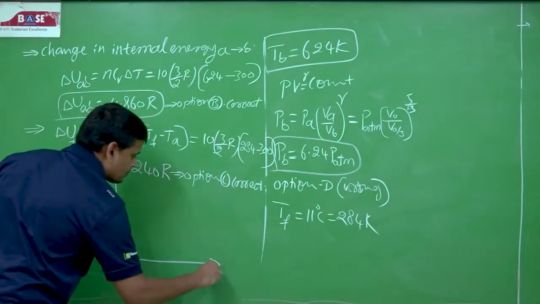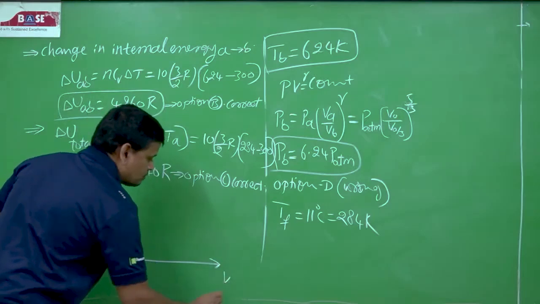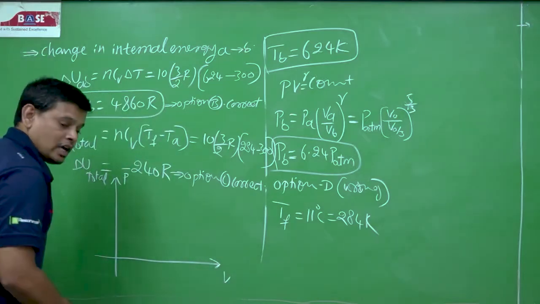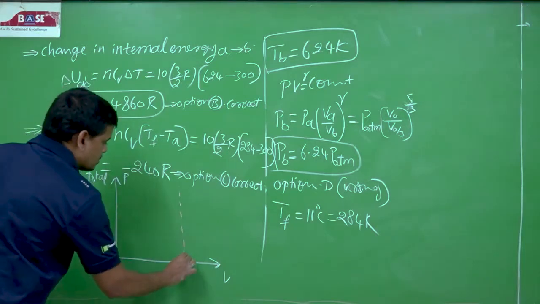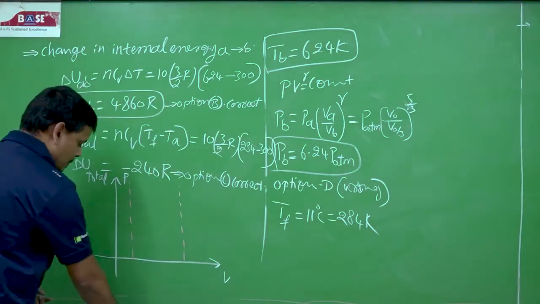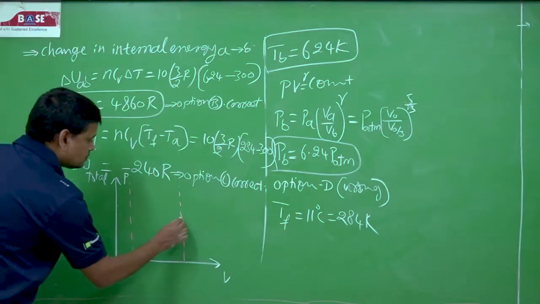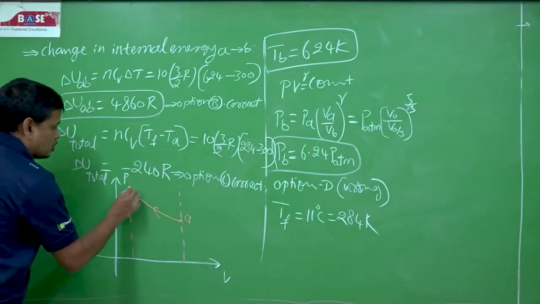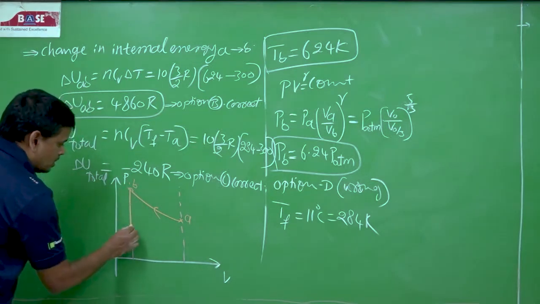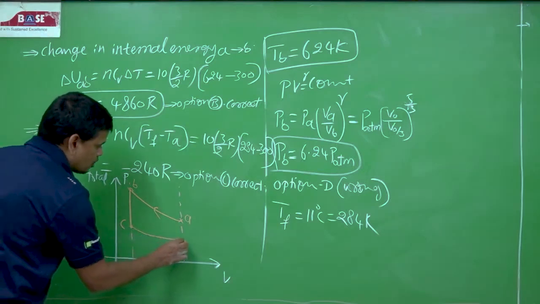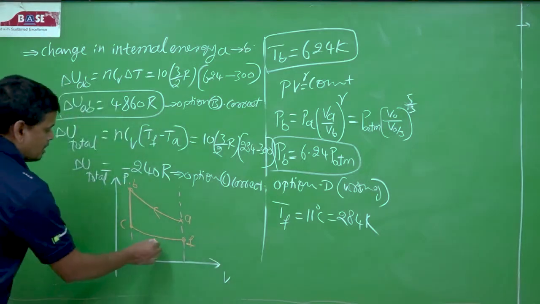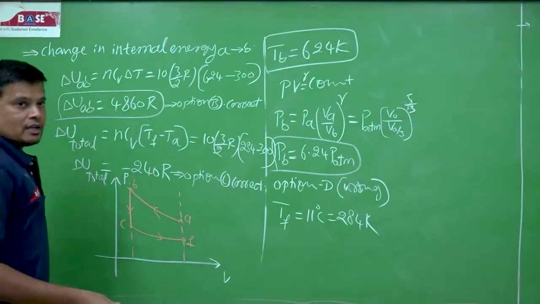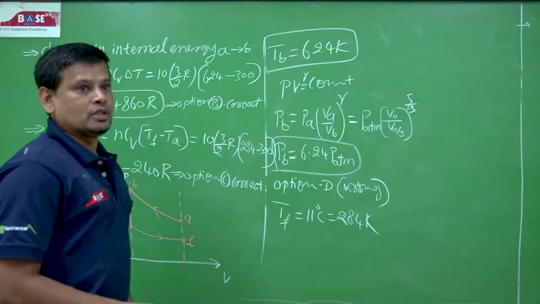If I draw a graph of pressure versus volume, starting from point A, the adiabatic process rises up to point B, then the isochoric process goes to C, and it finally follows on to F. The question says finally it reaches the initial position.